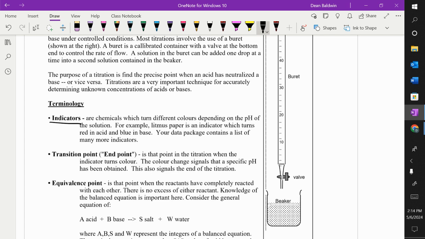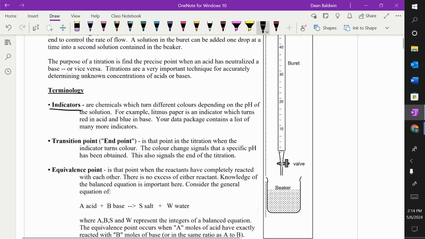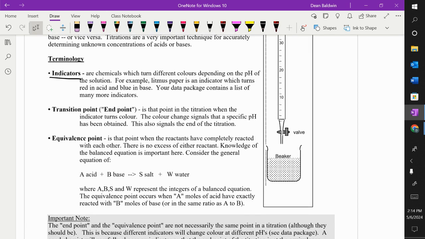Then there's the equivalence point. The equivalence point is when the moles of reactants and the moles of the titrant that you're adding are equal to each other. It is not always the same as the transition point, as you'll see later on. So if we have an acid in solution and we're adding our base, say it's NaOH, when these two things are equal, that's the equivalence point.